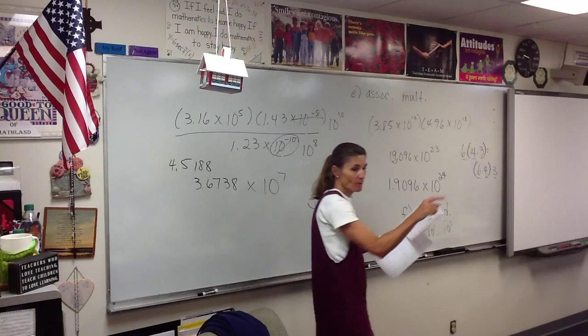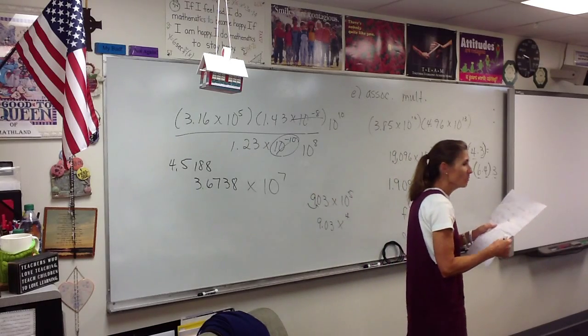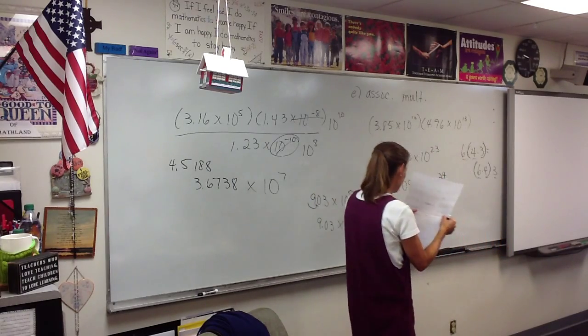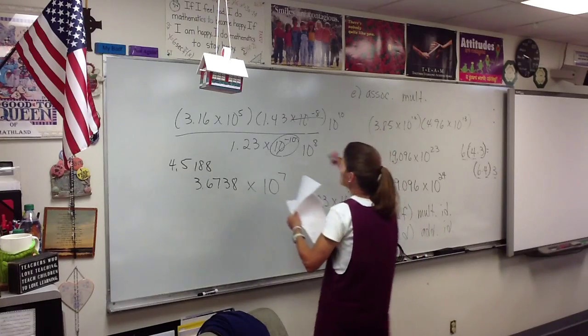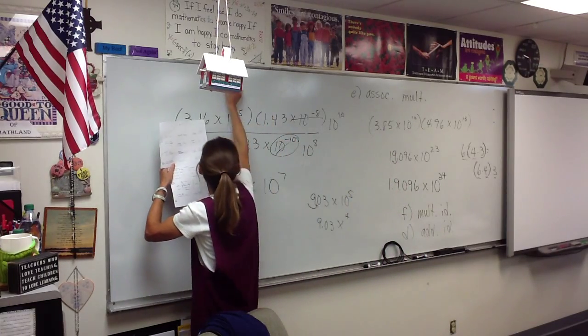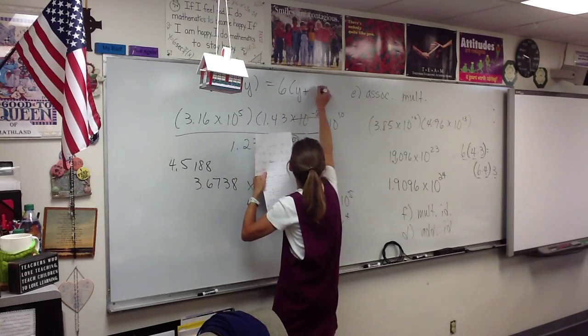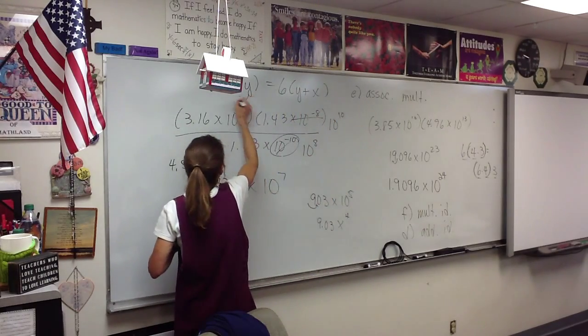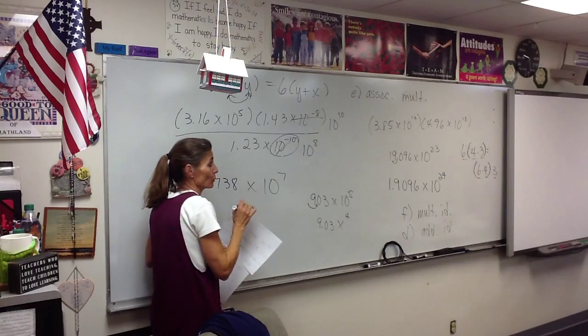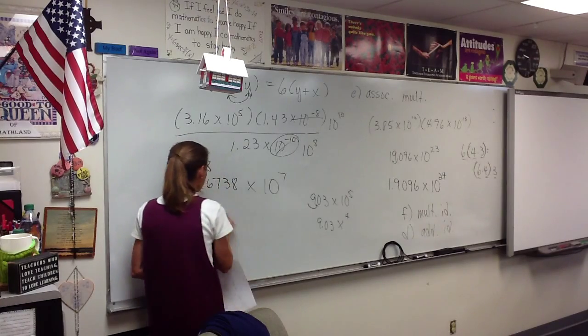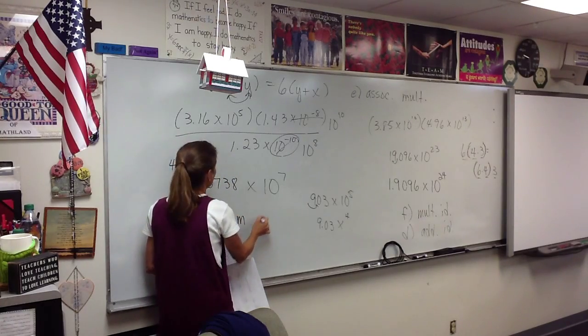He's got his hand up, so, oh, sorry. That's what I was going to say. Which one? B is commutative. Because in B, what changed? Not the grouping. What changed was the order. So B is the commutative property of addition.